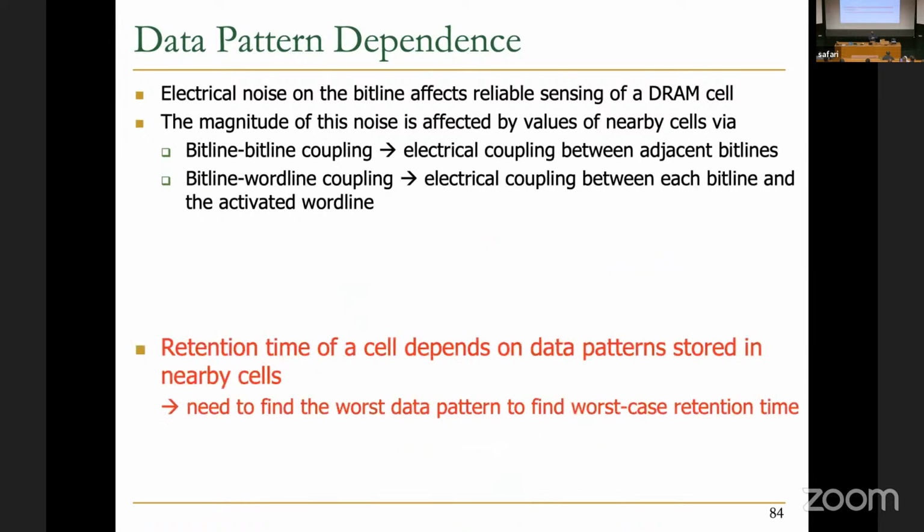So the retention time of a cell depends on the data pattern stored in the DRAM cell itself, and also in the neighboring cells. You basically need to find the worst-case data pattern to understand the worst data retention time while testing.